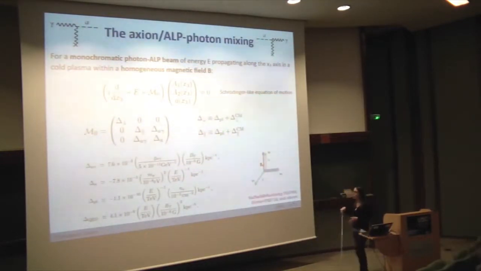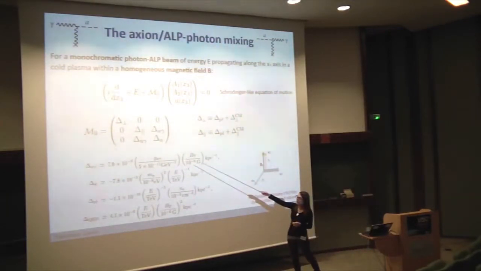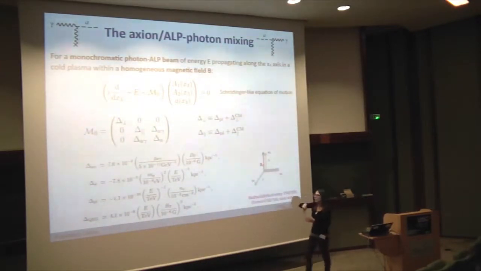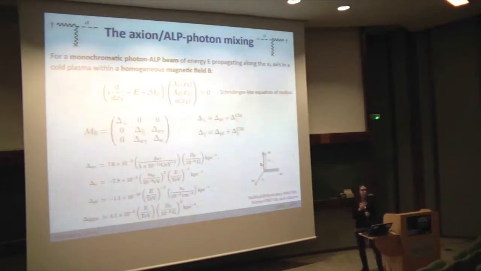I don't want you to take any details of that, but just recall that every parameter gets several inputs that lead to the energy dependence and the dependence on the transversal B field, the mass of the axion, and the coupling between the axion and the photon.